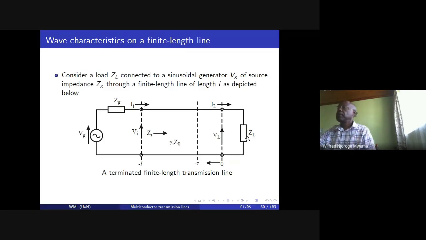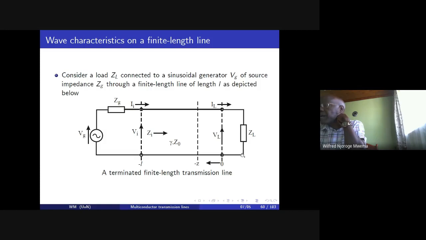Remember, because of this reference plane we have chosen here, the wire that is connecting the ZL to the line is assumed to be of zero length. That is, this load here is exactly at that point there, but we have just stretched it out for clarity.